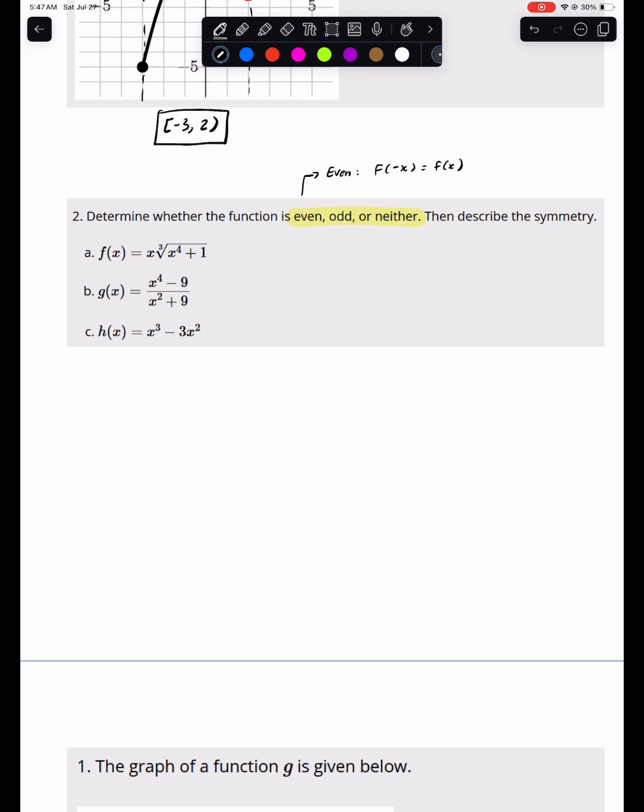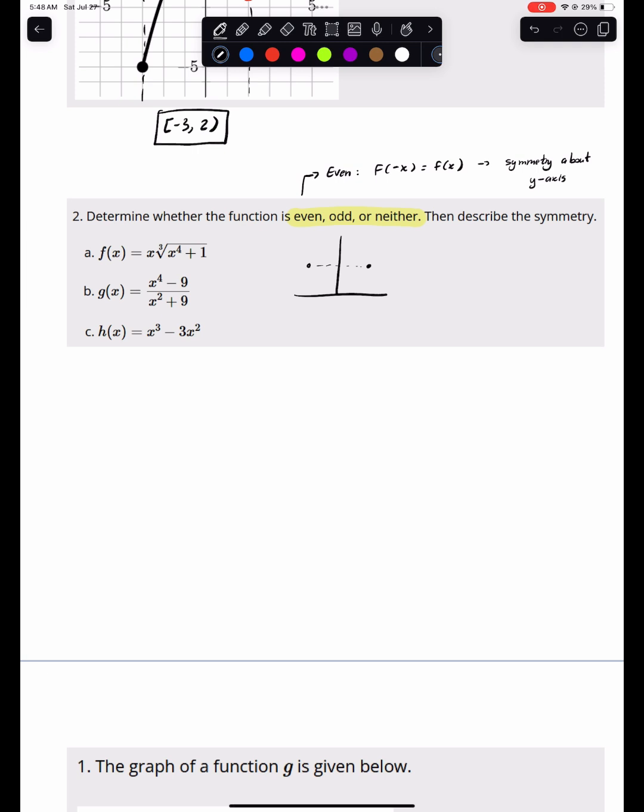So even if you take the opposite of your x value, you end up with the same value, okay? And this allows you to have symmetry about the y-axis, right? And it makes sense logically, right? If you take an x value somewhere, if you take this x value and you flip it, and you have the same y, they would be symmetrical about the y-axis, right?